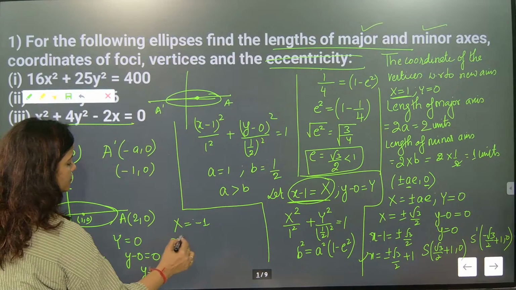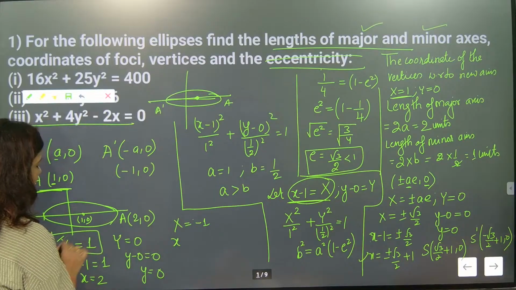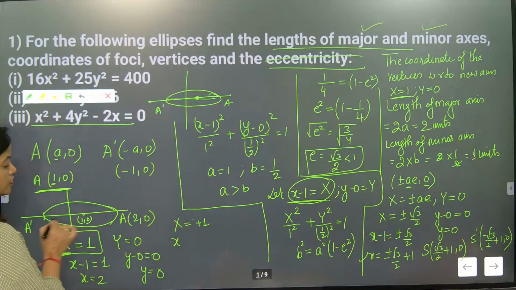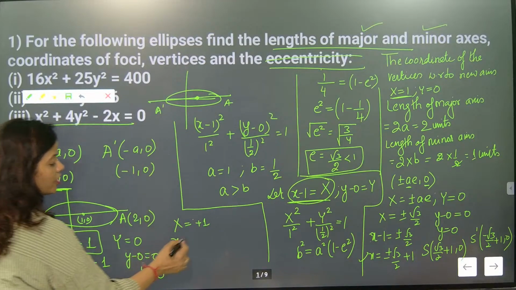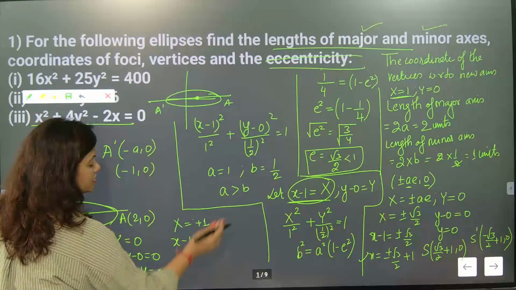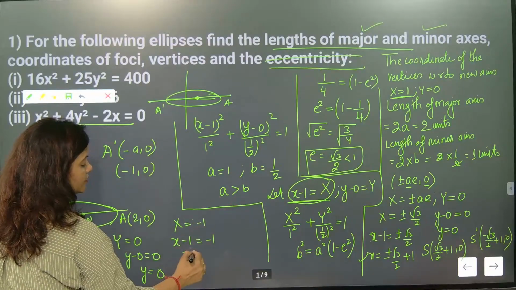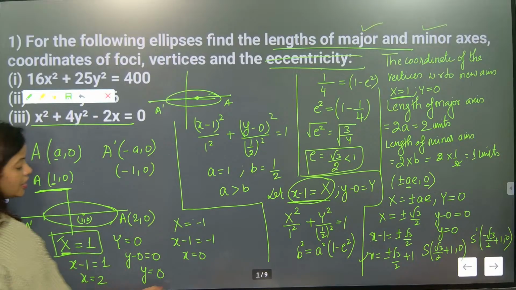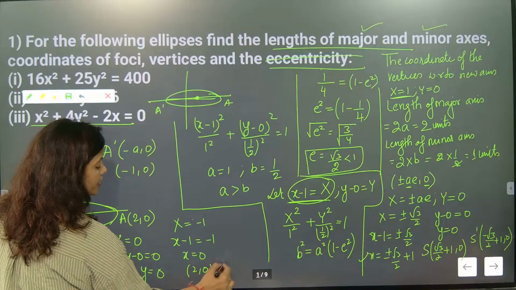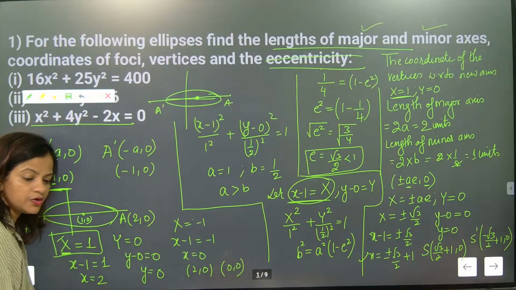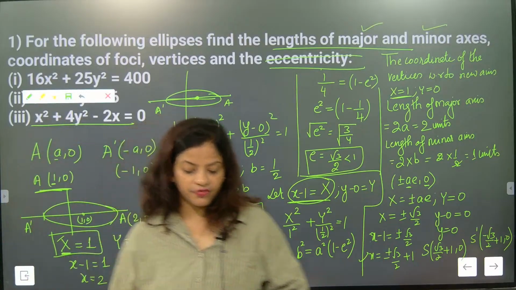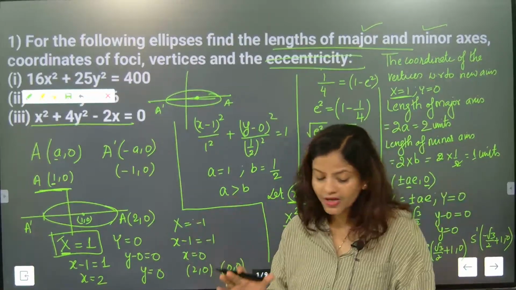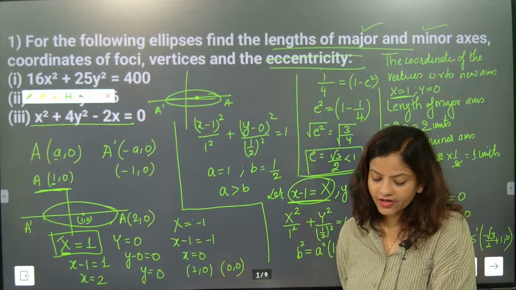Here x minus 1, we have written x equal to 1, and here also x equal to 1 we will put. But here the part is going to shift. So x minus 1 is equal to minus 1 when we write it, then x will be equal to 0. Got it? So that means the vertex shift will be there. Two vertices will be there. One vertex will be 2 comma 0. Another vertex will be 0 comma 0. So this is the way of presenting an ellipse when the ellipse is not at the origin. I hope everything is clear till here.